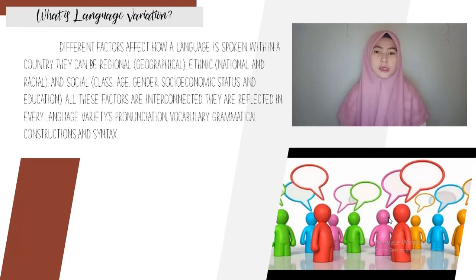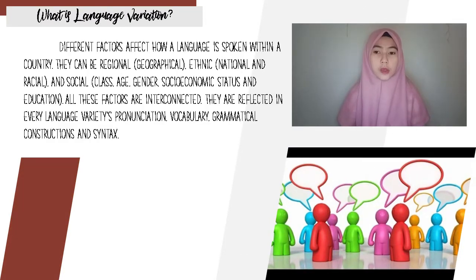Different factors affect how a language is spoken within a country. They can be regional, geographical, ethnic, national and racial, and social, class, age, gender, socioeconomic status, and education. All these factors are interconnected. They are reflected in every language variety, pronunciations, vocabulary, grammatical construction, and syntax.